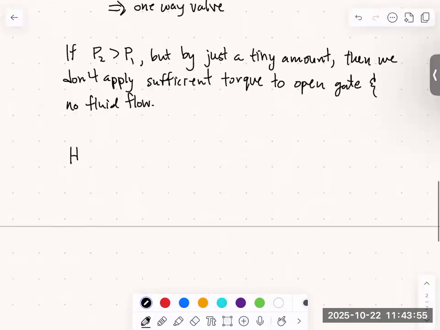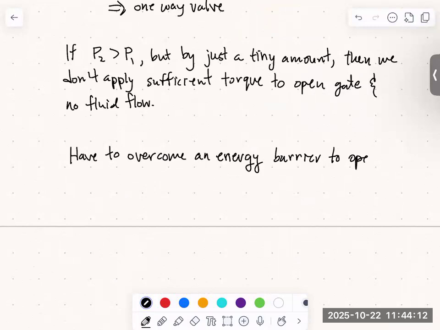So we have to overcome an energy barrier to open the gate and initiate the flow of fluid.